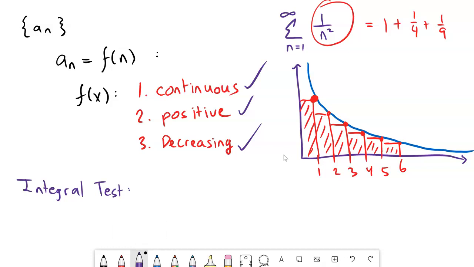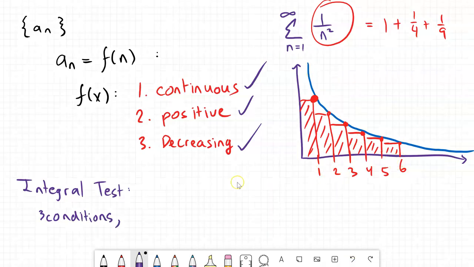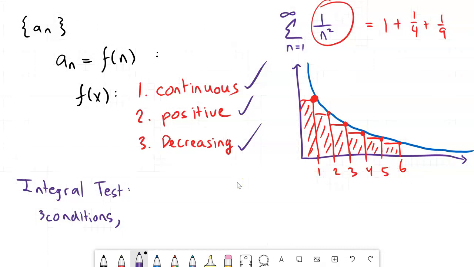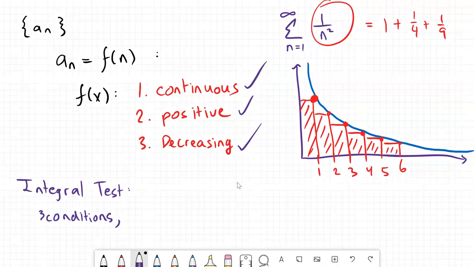Given that it satisfies the three conditions, since the area under the curve is always greater, we can apply something like the comparison test: since it's always greater, if the integral converges, then the infinite series must converge.